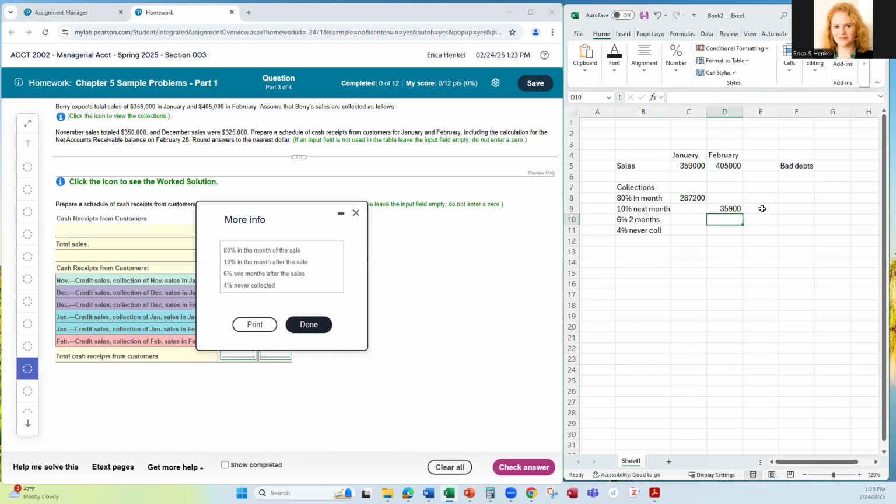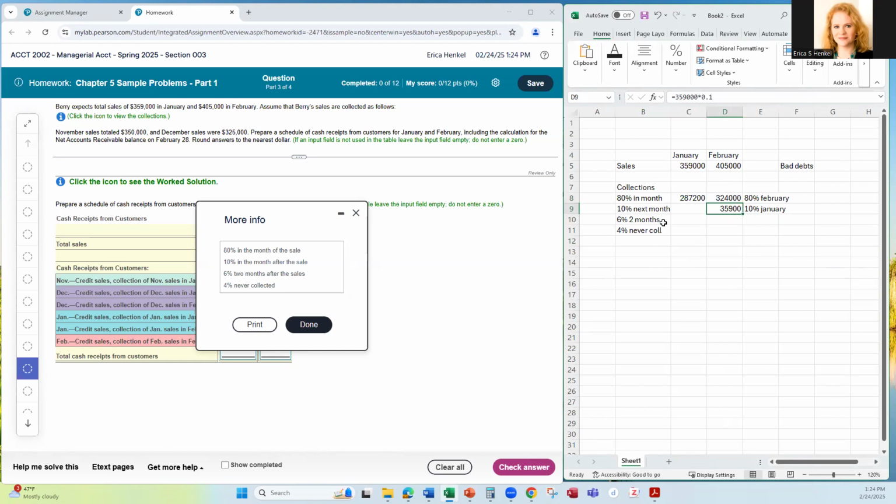So this here is 10% of January. And then we're also going to have here 80% of February.